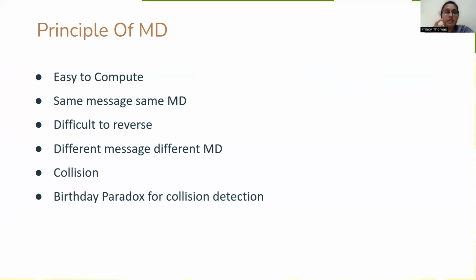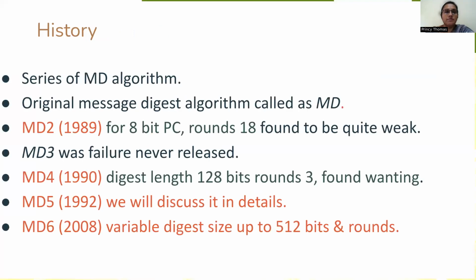If the particular function is not collision resistant, then the birthday paradox can be used to find a collision, so we can find a different message with the same message digest. We've seen this earlier when we discussed hash.